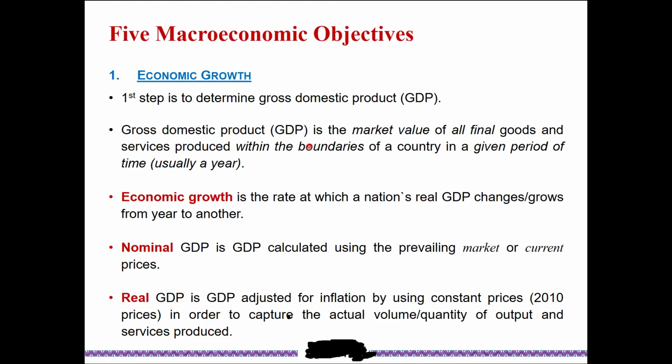Right, it tells us that more factors of production were employed in order to increase GDP, right? It's because GDP cannot just increase. Something must have happened. So in the production process, they employed more factors of production.